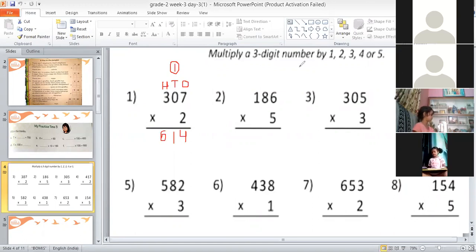Leave 3 boxes and then write down the second question. 186 multiplied by 5. In one box you will write only one number. Next question, write quickly.